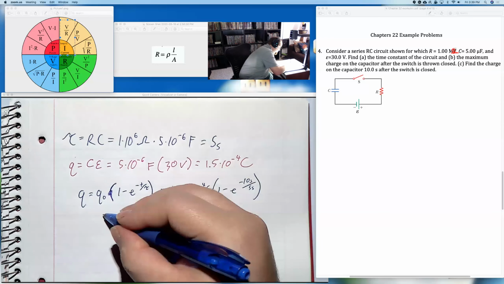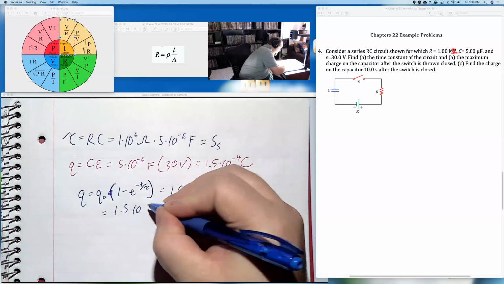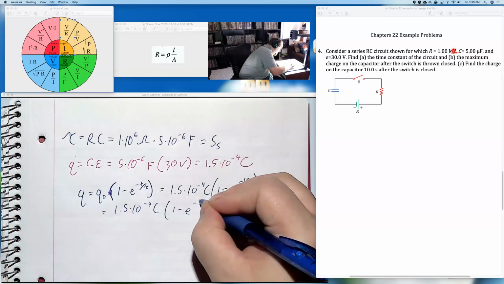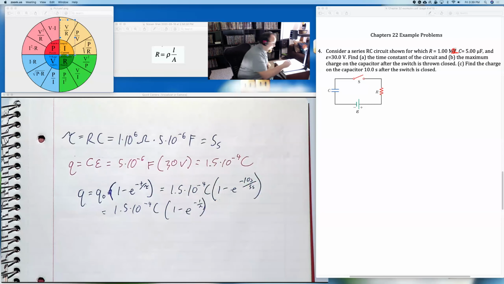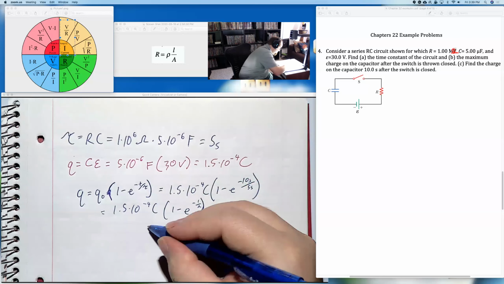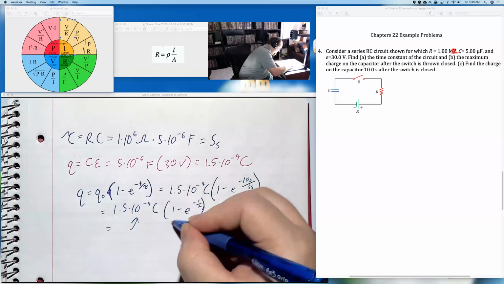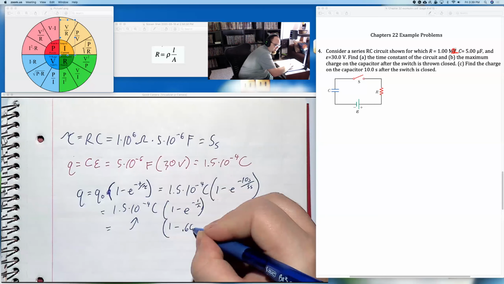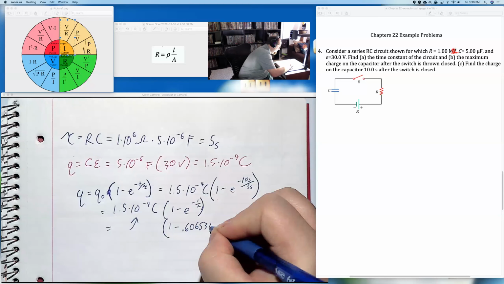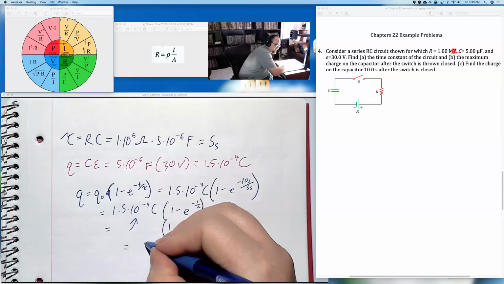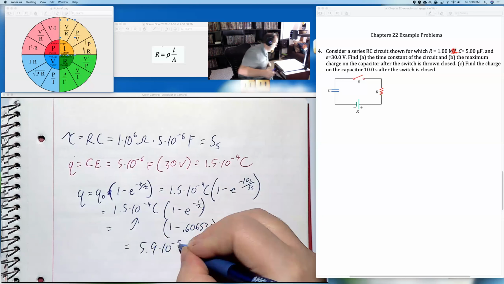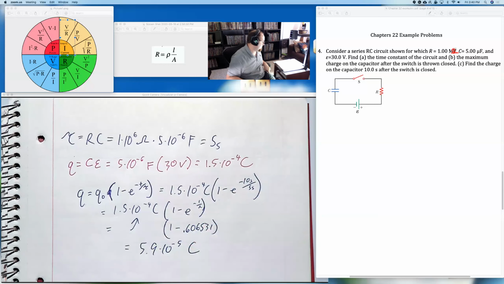Which is 1.5 times 10 to the negative 5 coulombs times 1 minus e to the negative 1/2. e to the negative 1/2 is 0.606531. And then I can multiply that through to get the charge.